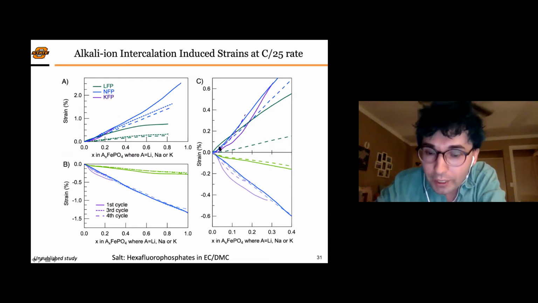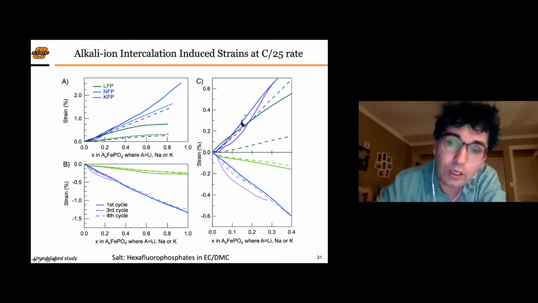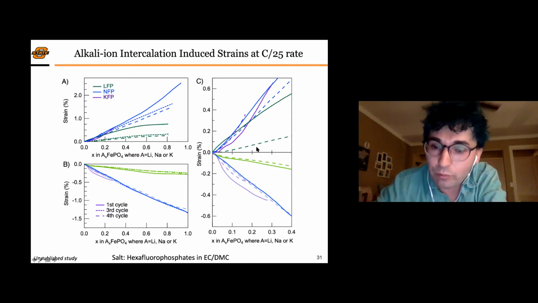We observe that the amount of strain during potassium and sodium intercalation is very similar, unlike what was expected due to the size of potassium. On the other hand, the lithium has much lower expansion, as we expected.